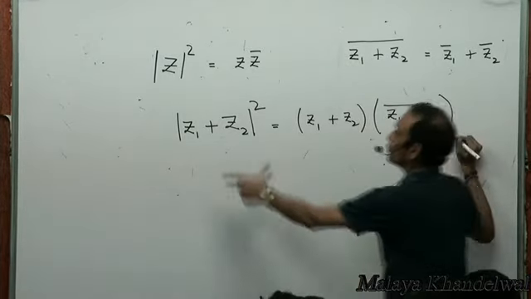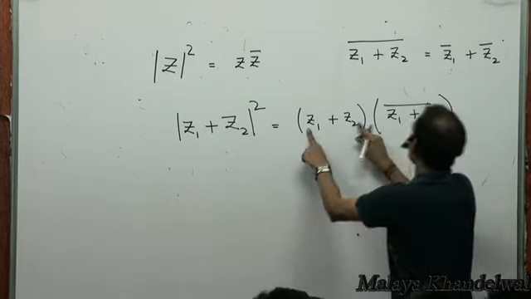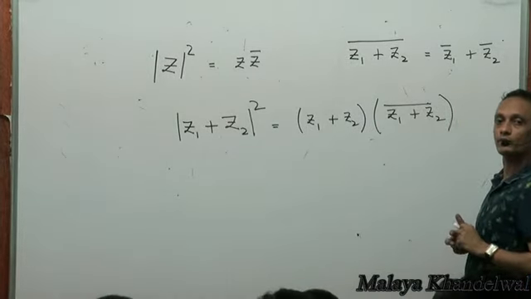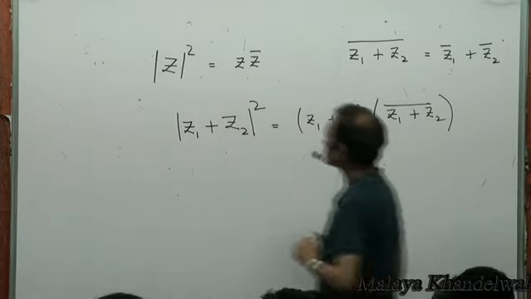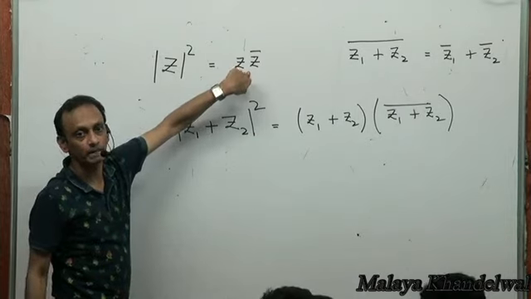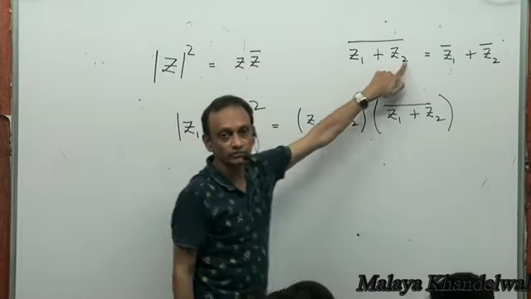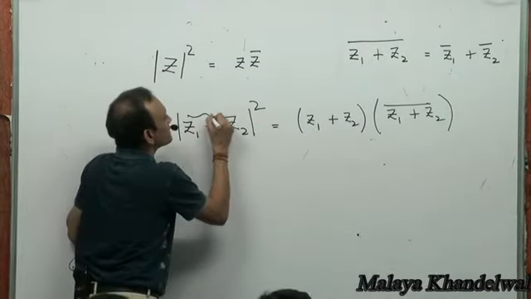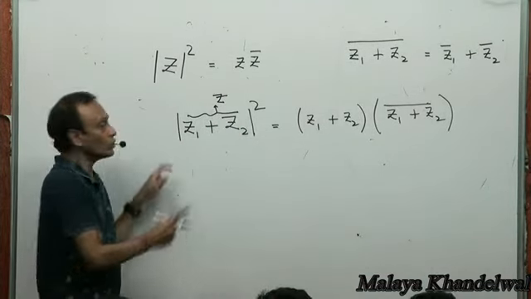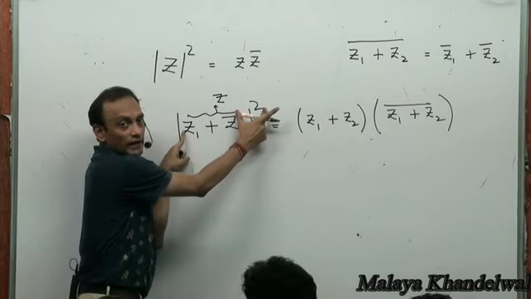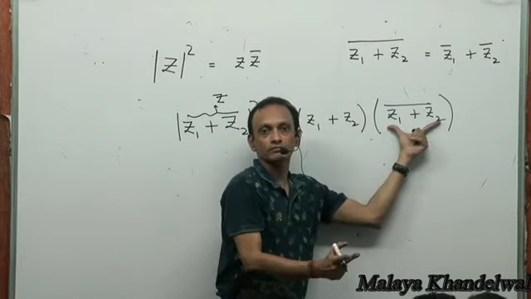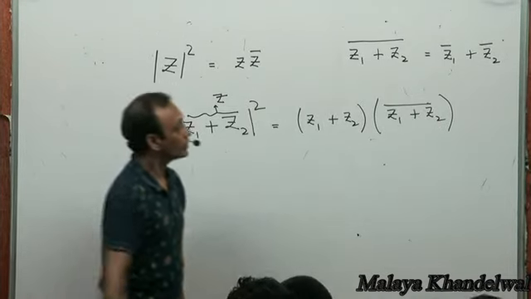Mod z squared is z z bar. That's the property deployed here. You want me to explain that? No? And this you understand, right? So think of z1 plus z2 as some z. So this is like mod z squared, which is z into bar of z. Is that okay now?